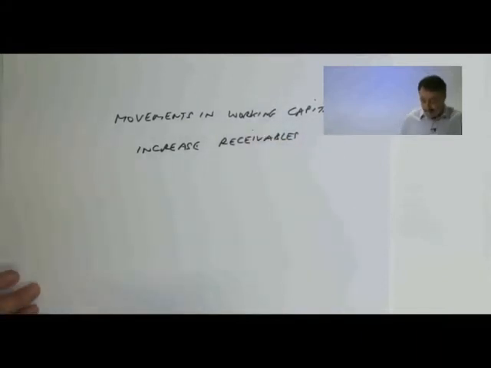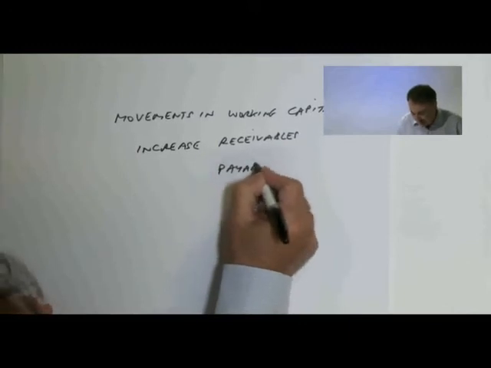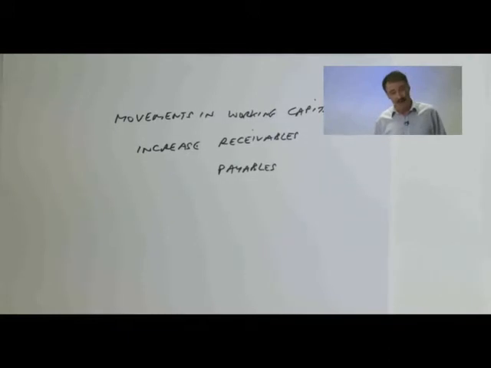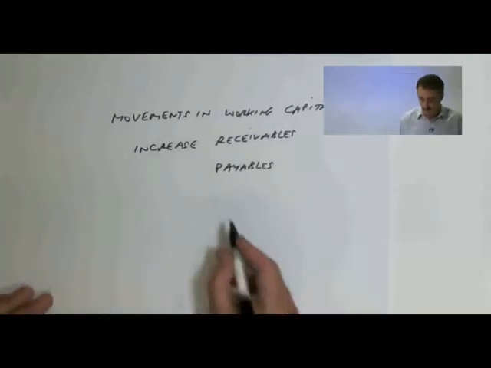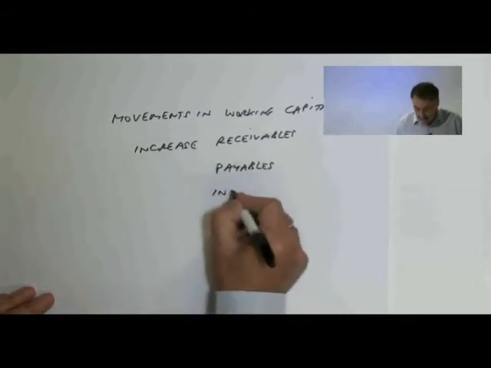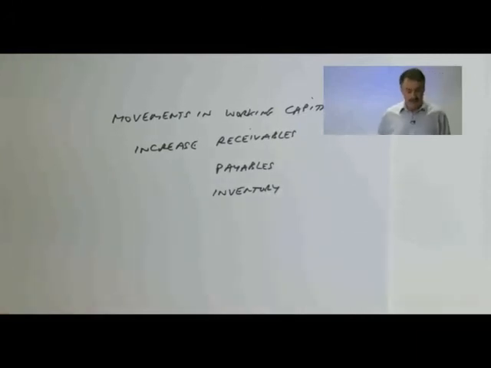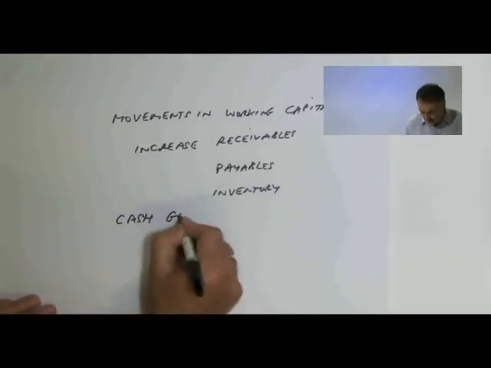In relation to our payables, we're going to have an increase or decrease in payables. Essentially, we're going to be looking at our opening payables and our closing payables and seeing have they increased or decreased. And also, we would look at our inventory. We can combine these with our profit adjustments, and we come up with a figure called cash generated from operations.